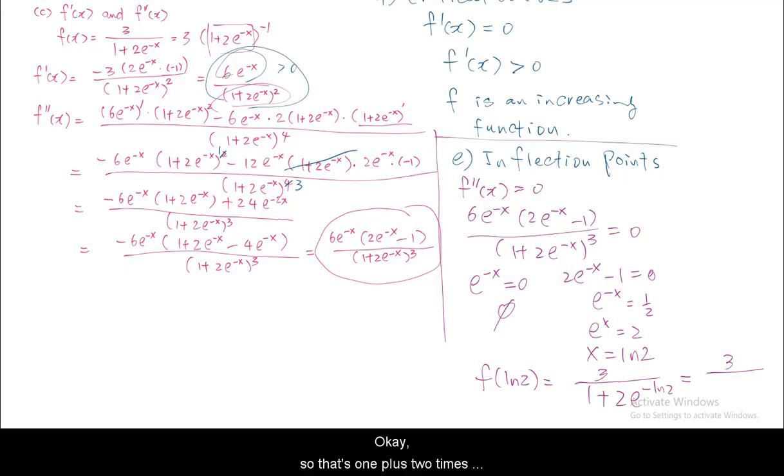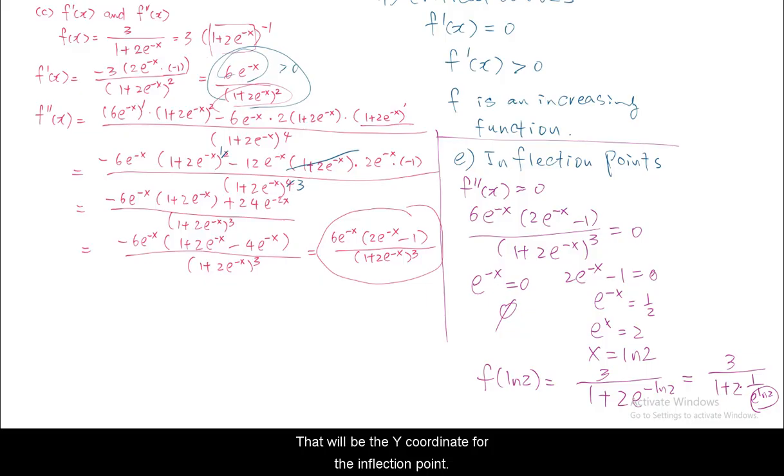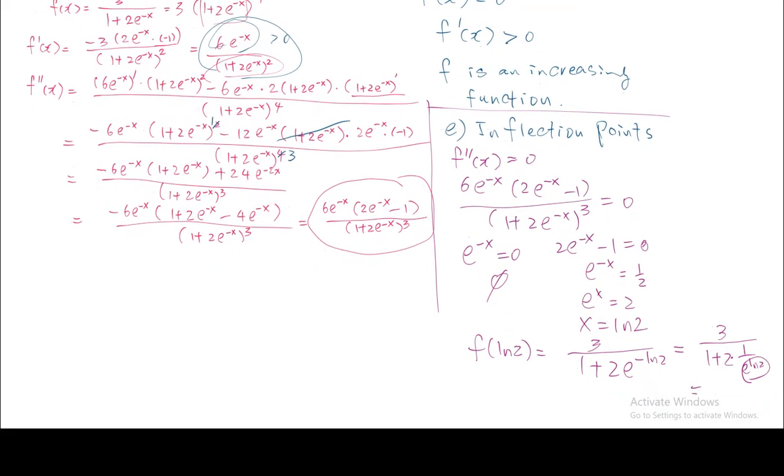That's 3 over 1 plus 2 times 1 over e to the ln of 2. We know e to the ln of 2 is just 2, so that's 2 times 1/2, that's 1, so 3/2. That will be the y coordinate for the inflection point. Okay, so where is the inflection point? I will write it over here. There's one of them. That's ln of 2, 3/2.